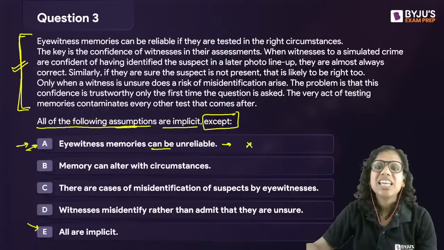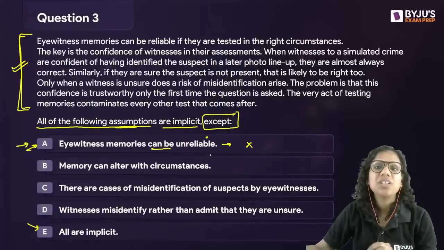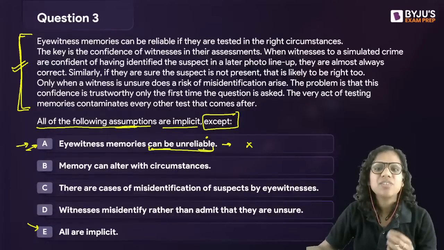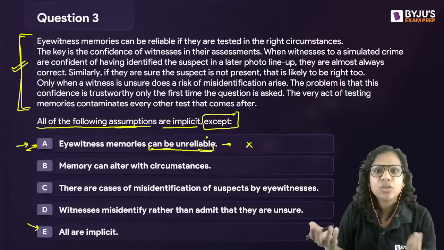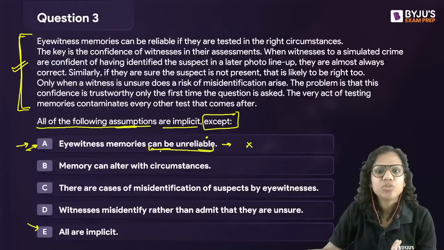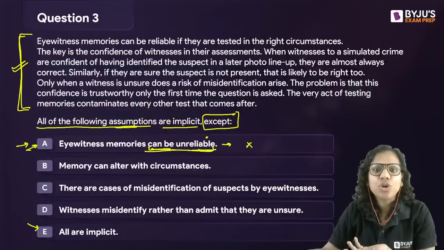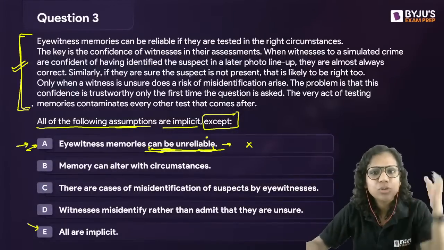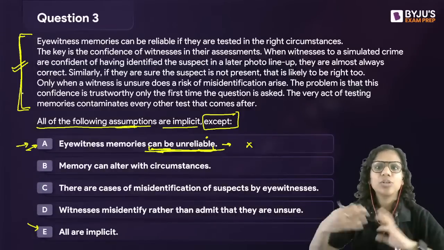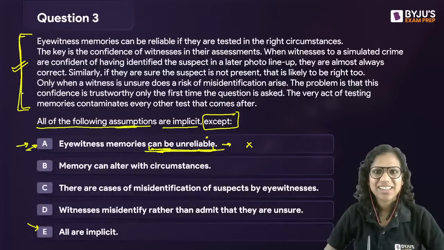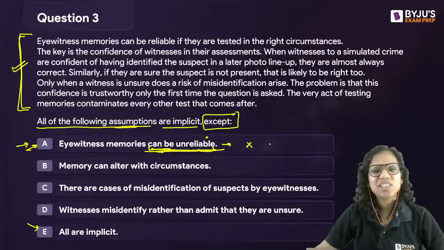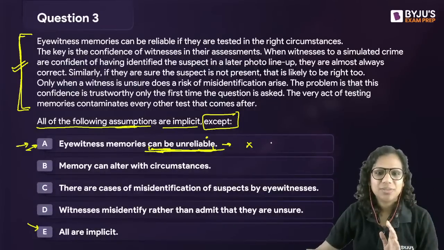So yes, this is an implicit assumption. This is a very major assumption that the author has made, a very fundamental assumption, that eyewitness memories can be unreliable. Because if the author did not think this, why would the author go into an analysis of when they are reliable, when they are not reliable? So this is an implicit assumption and it cannot be an answer.